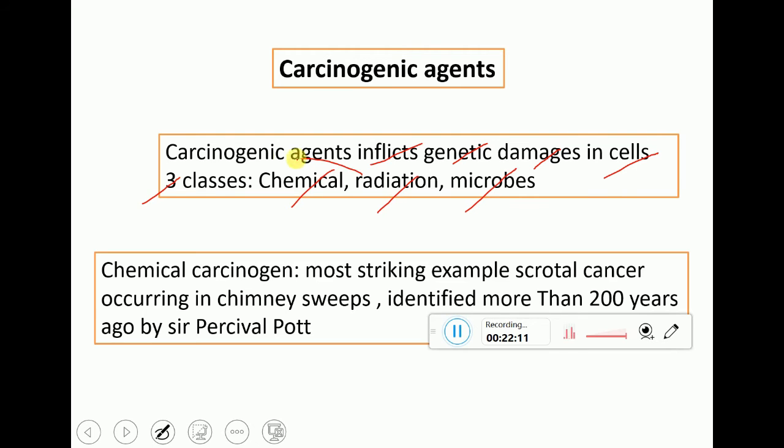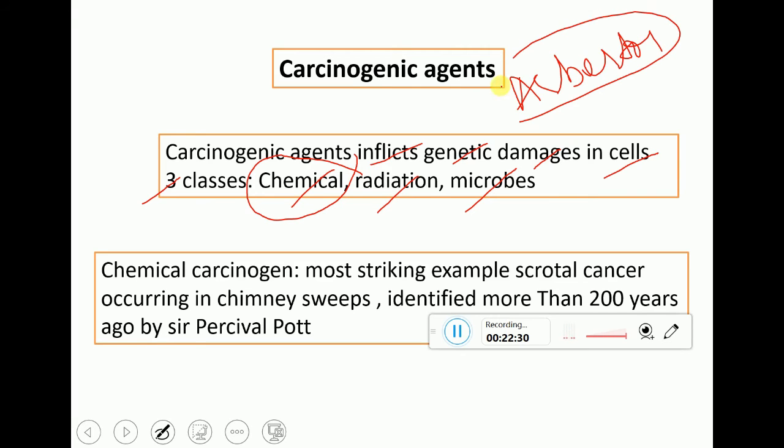So chemical agents are all the chemicals to which we are continuously exposed. The most remarkable example of a chemical carcinogen is asbestos. Asbestos is a chemical which is continuously being used or released in mines.